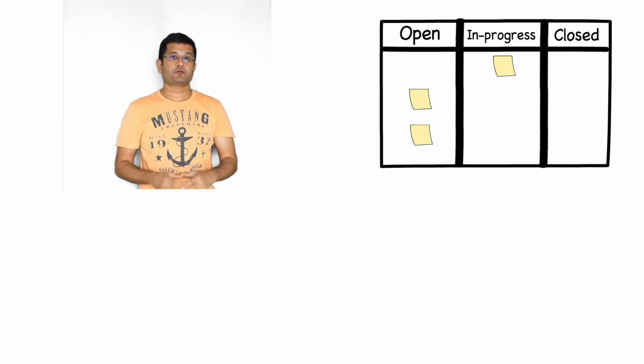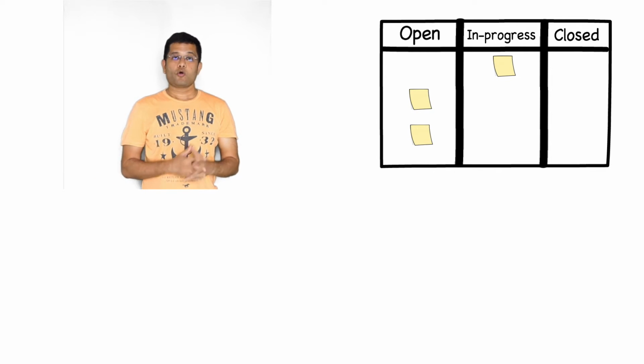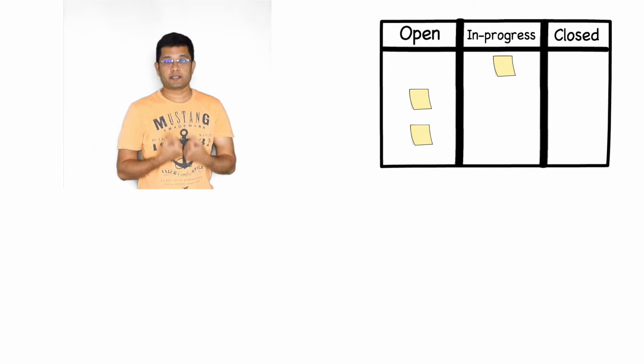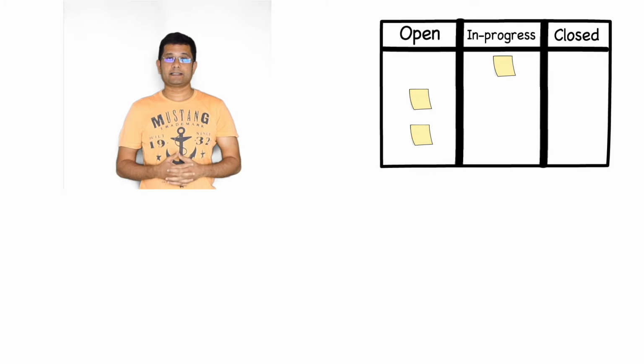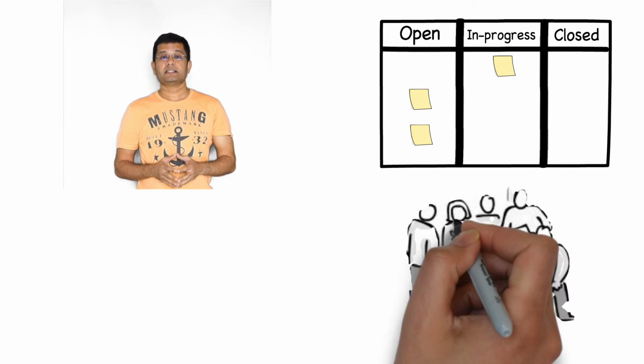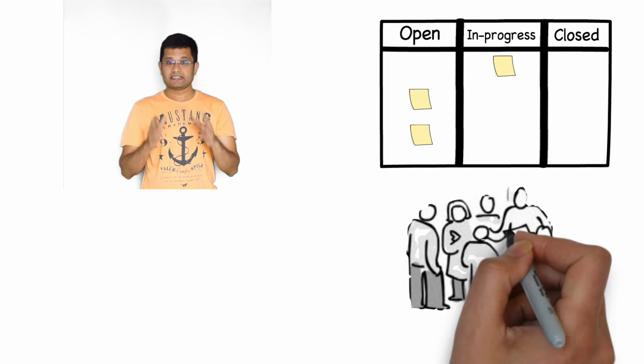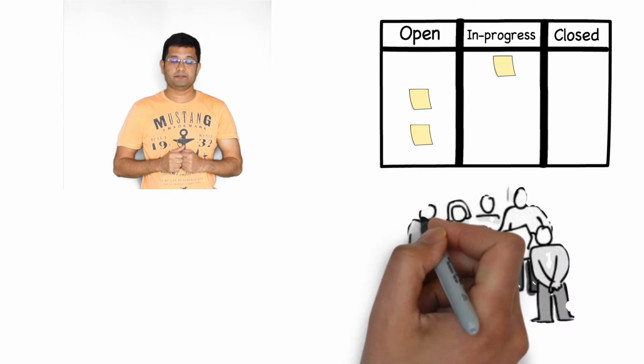Now this PBI could be done by me alone, or it could be along with a partner. Once I move it to in progress, which indicates that's the PBI that I'm going to work, I go to the stand-up meeting. A stand-up meeting or a daily Scrum meeting is a meeting that happens every day at the same time at the same place with the entire team.